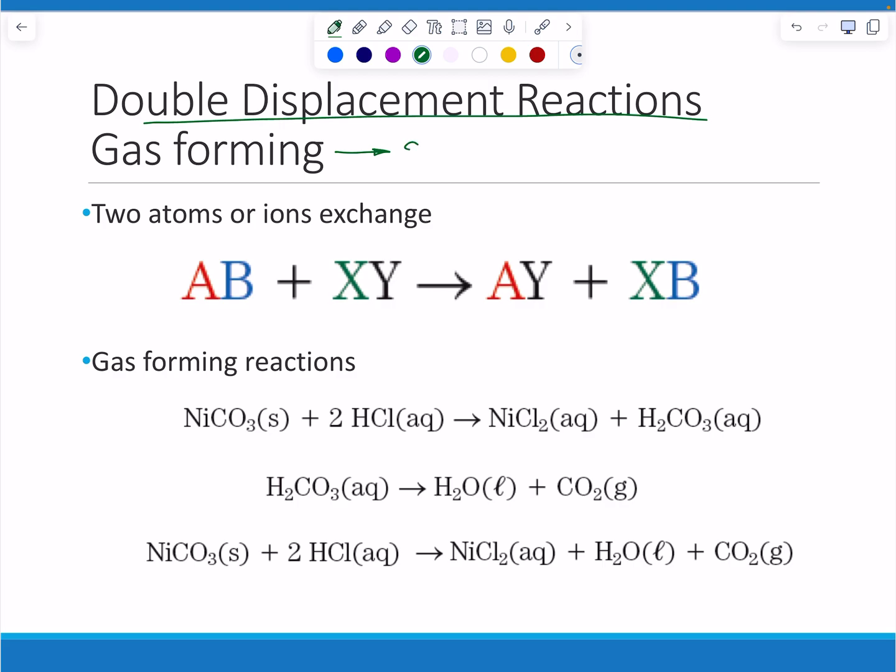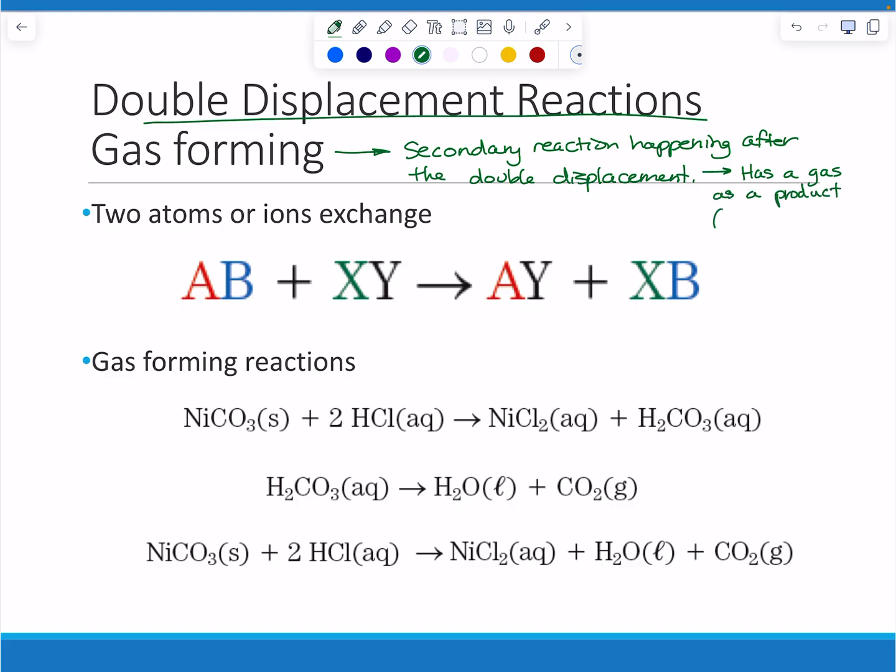So this is a secondary reaction happening after the double displacement, and that secondary reaction has gas as a product.